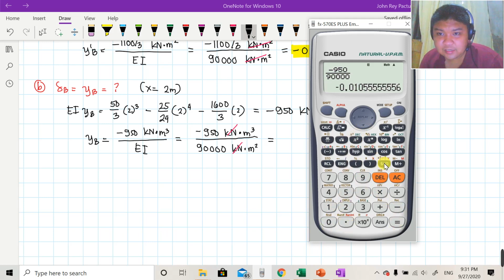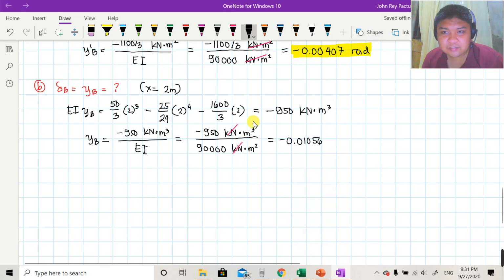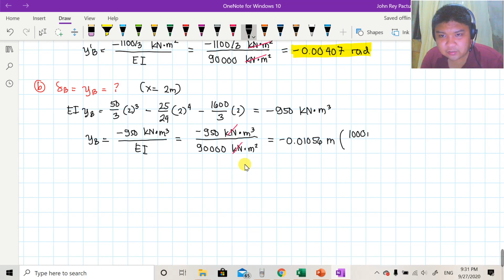So, ano yung magiging sagot? That is, negative 0.01056. So, lagay natin negative 0.01056. Of course, ang matitirang unit based dito class sa ating dimension ay meter. So, gamitan mo na lang to ng conversion factor, 1000 mm to 1 meter.